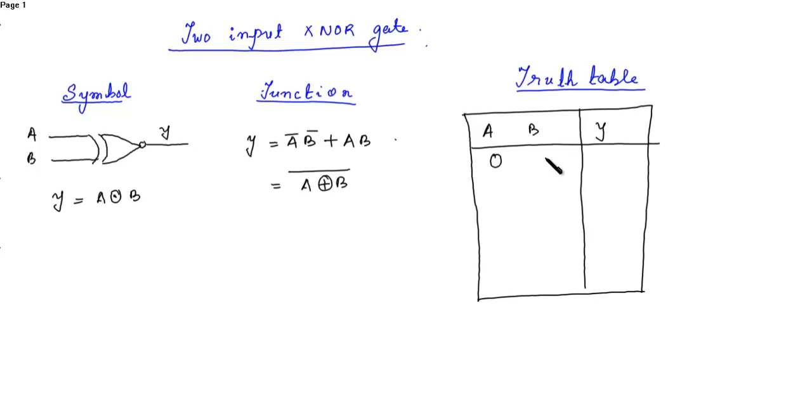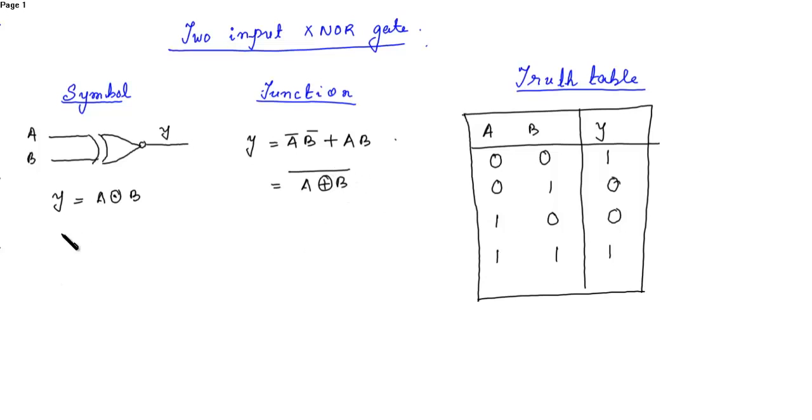If both inputs are 0, then the output is 1. With 0, 1, the output is 0; 1, 0, then 0; 1, 1, then 1. So you can see the output of the truth table is just the reverse of the output of the XOR gate. So that's the reason why it's written A XOR B whole bar.